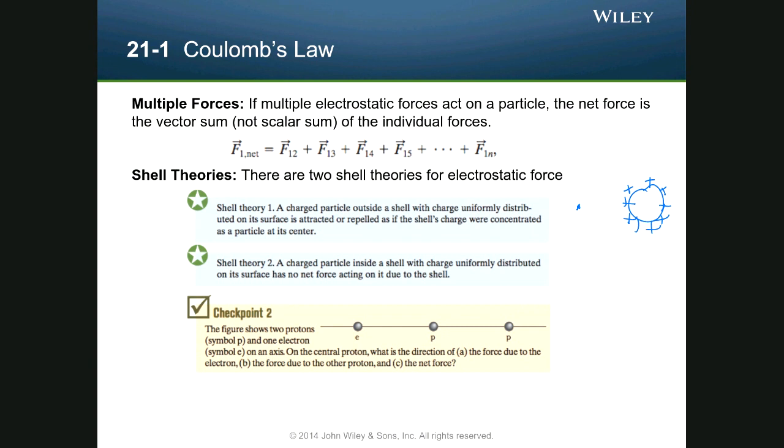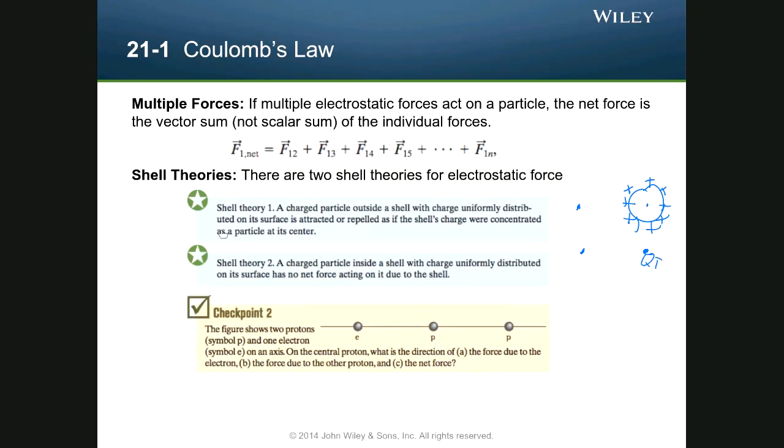Basically what that statement says is that you can look at an equivalent situation in which you have the same particle acting with a charge at the center of the circle, where the charge here, Q total, of this point is equal to the total of all of these surface charges acting in the middle of the sphere. Basically, what this first shell theorem says is that these two pictures are equivalent. Okay?